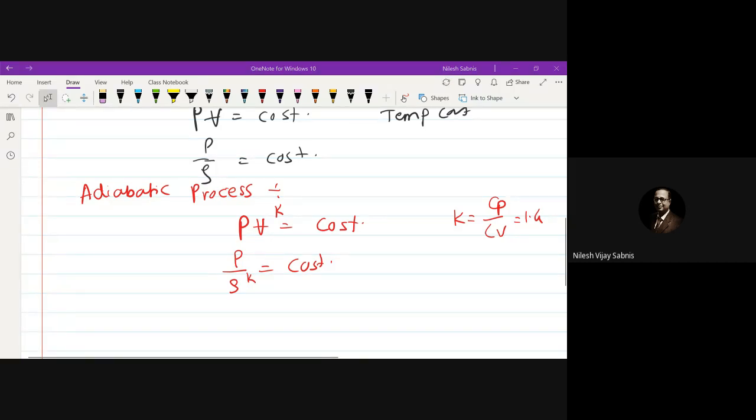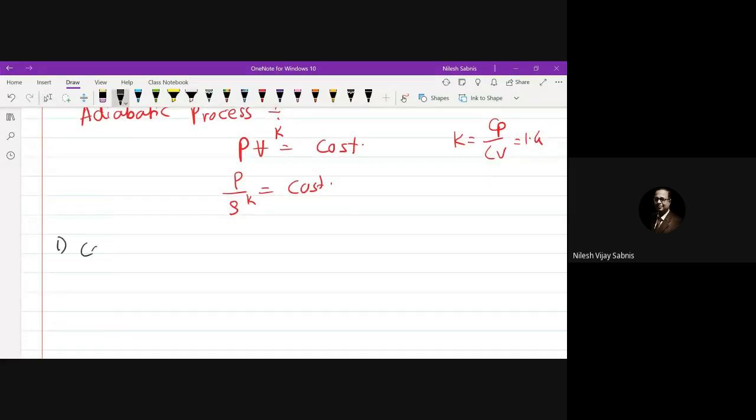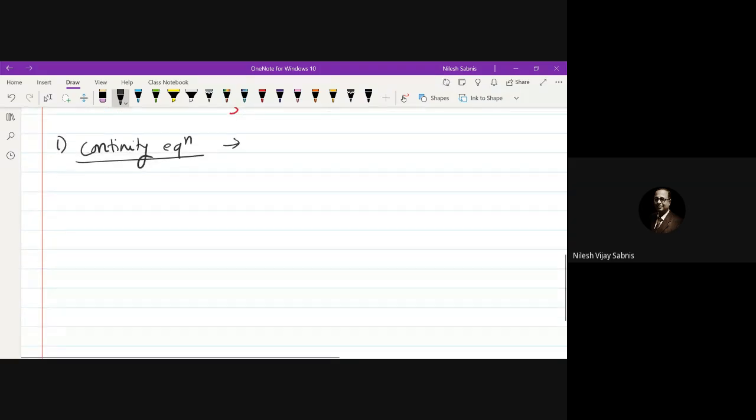Then there are basic 4 equations of compressible flow. First is the continuity equation, which we saw in our second unit. It is based on the law of conservation of mass, which states that matter cannot be created or destroyed. In other words, mass is constant.